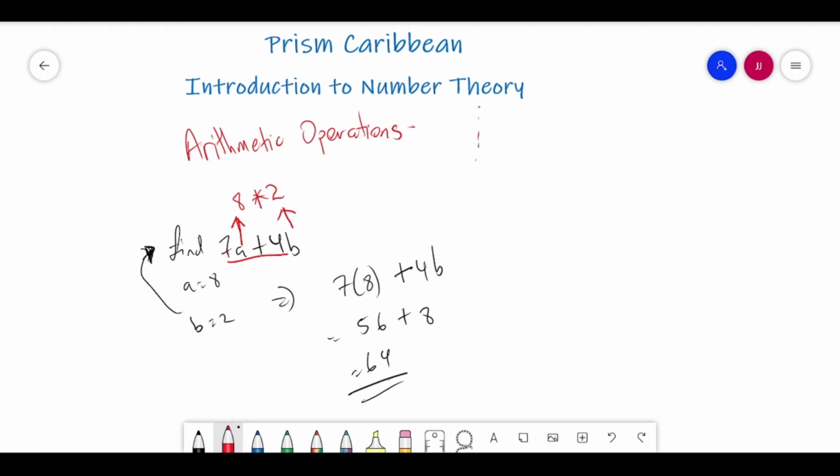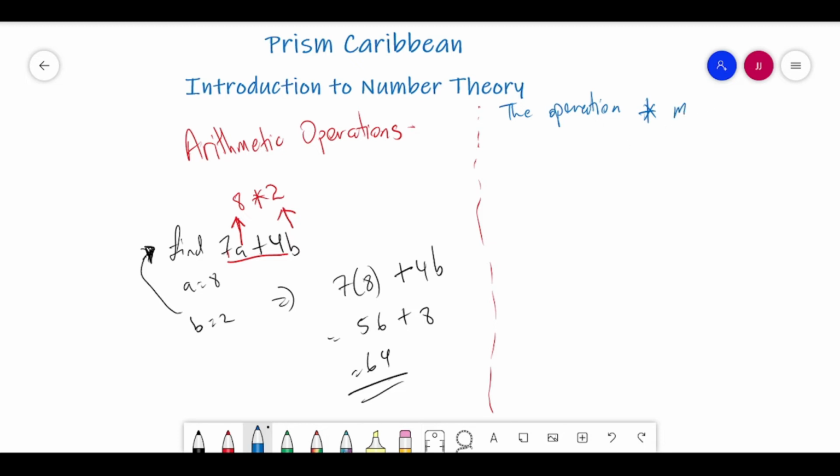There is another way in which questions may come. Let's say the question asks the operation asterisk, which of course we have to define, which will be given to us in the question.